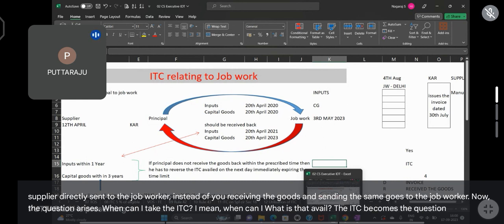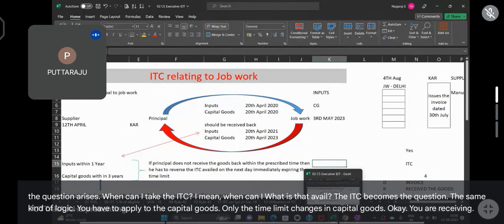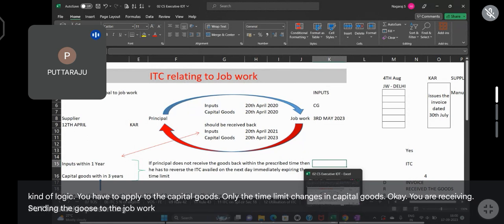The same kind of logic you have to apply to capital goods, only the time limit changes for capital goods. Okay. If you are receiving and then sending the goods to the job work, you can avail the ITC as soon as you receive the goods in your factory.